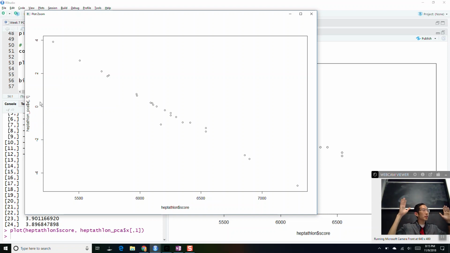So when we compressed our 7 dimensions down to 1 dimension, we get the values here: heptathlon PCA, $x1, I guess.